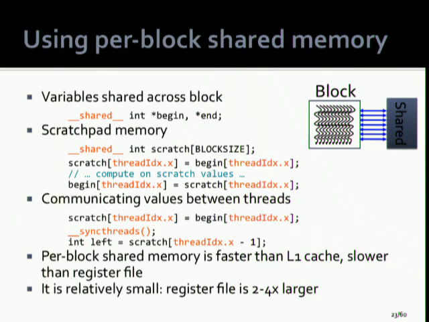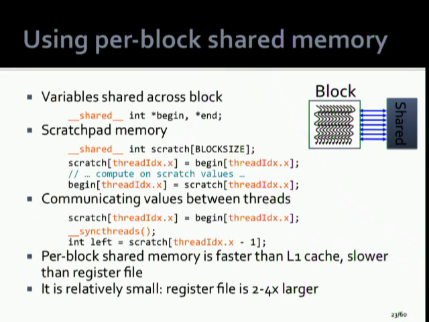The register file is much bigger than that, which means you don't use shared memory to store data as much as you use it to communicate. It's actually better to store data in registers than in shared memory. Shared memory is a more valuable resource. So the right way to think about shared memory is a place to communicate between threads.